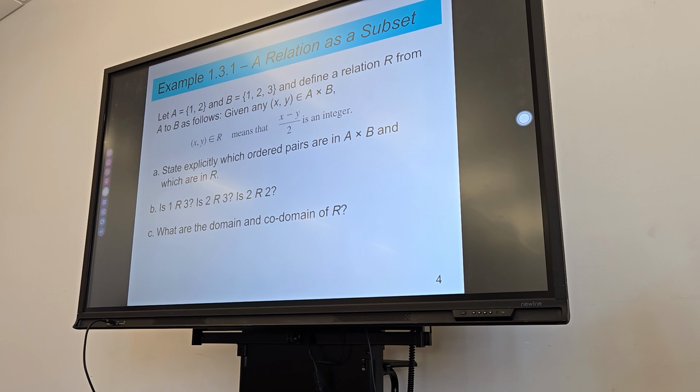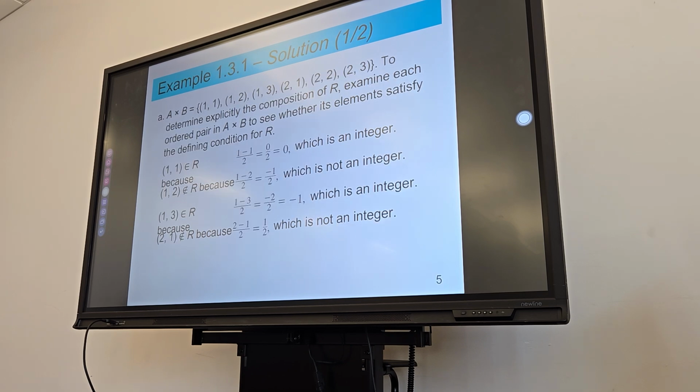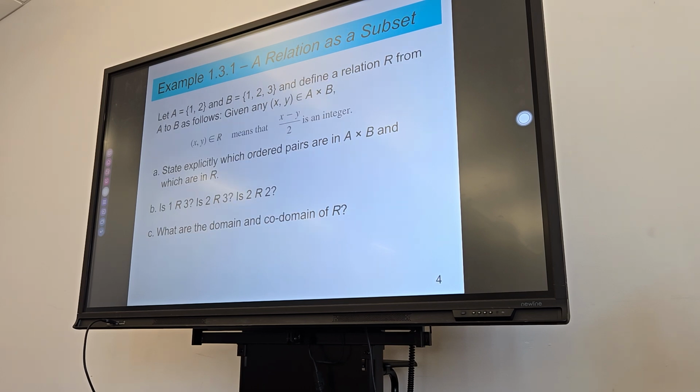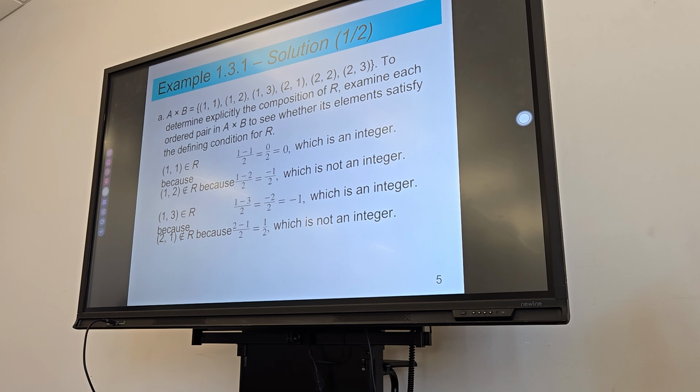So what ordered pairs in A Cartesian product with B are in R? There are 6 elements of the Cartesian product, because A has 2 and B has 3. So those are all the combinations.